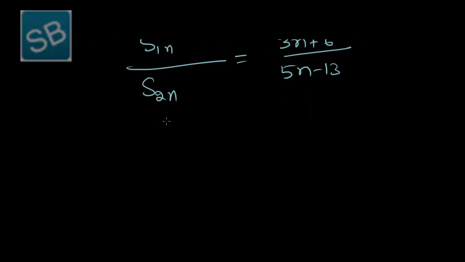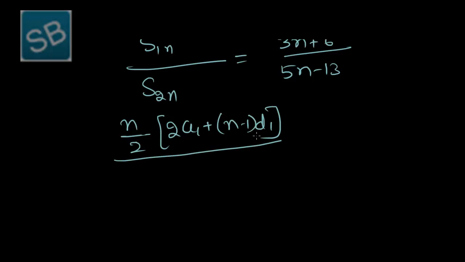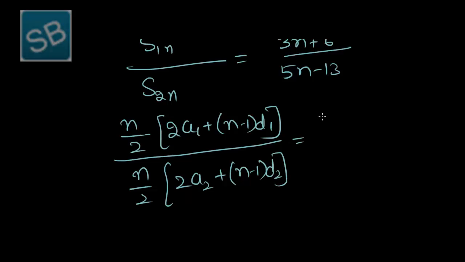So the sum of the first series is n by 2. So the number of terms are the same, so we will denote it by n. It will not be differentiated. n by 2, 2a1 plus n minus 1 d1 over n by 2, 2a2 plus n minus 1 d2, that is 3n plus 6 over 5n minus 13.